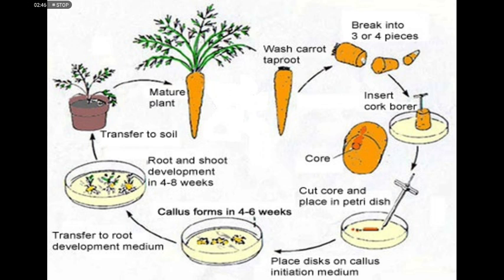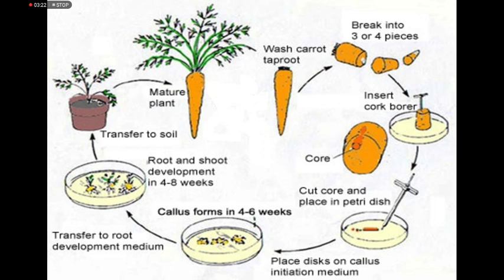Subculturing means these small pieces of callus are transferred into new nutrient medium for further cell division. Then we add hormones for the initiation of rooting and shooting. After 4 to 8 weeks, rooting and shooting are initiated. That means root and shoots are initiated.